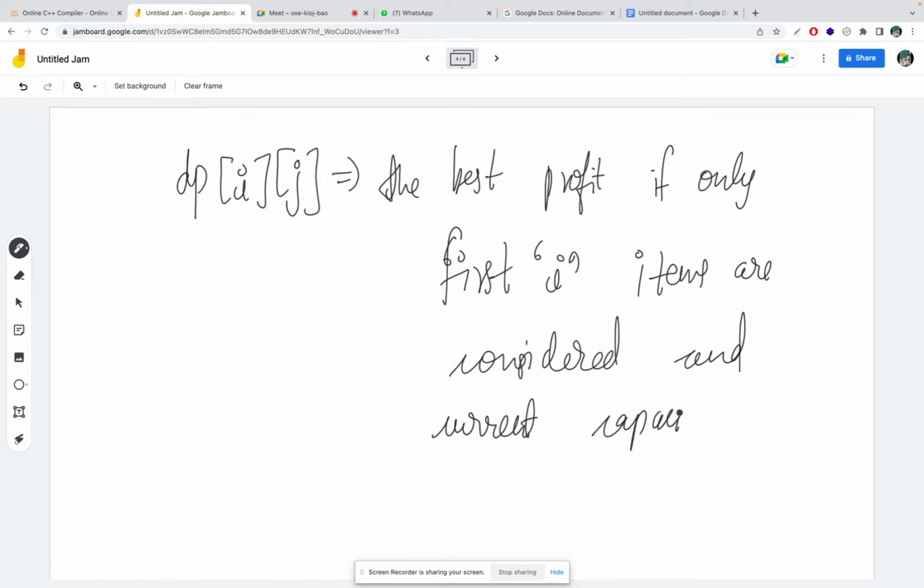Raj, can you tell me what is the meaning of DP[i][j]? Can you reiterate for everyone? The best profit if only the first i items are considered and the capacity of the bag is j.